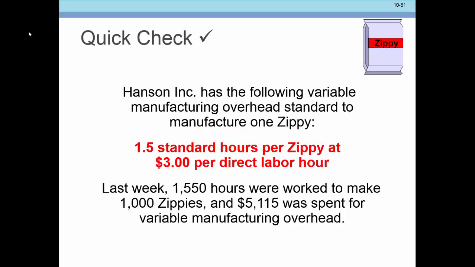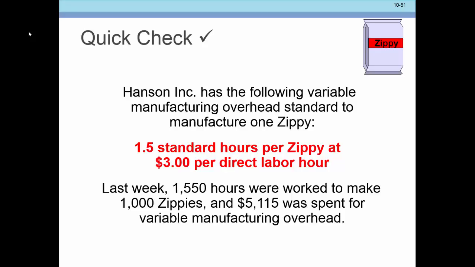And actual, we're doing efficiency, so we want the actual hours. Okay. Actual hours was 1,550, good. And then we need to get the standard hours, right?